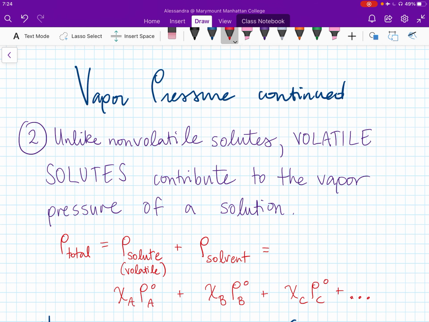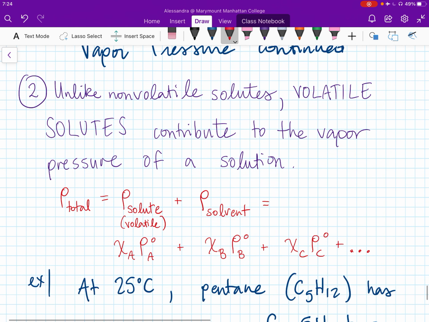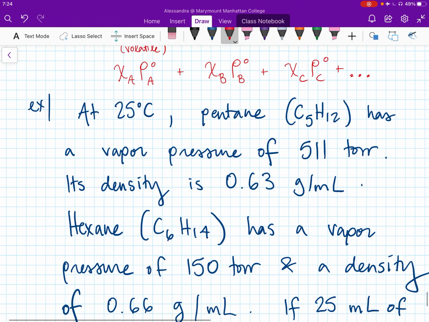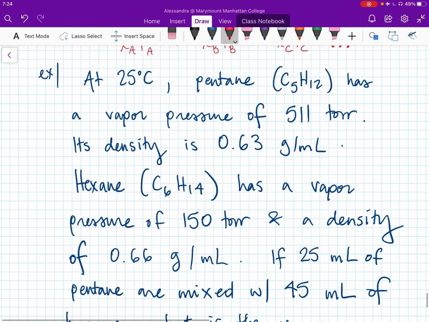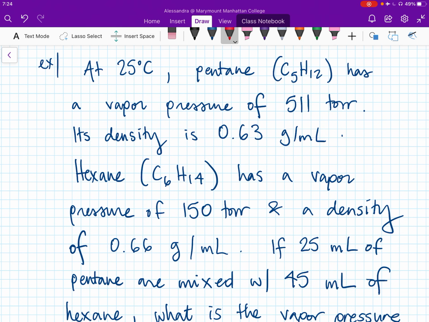Let's try an example where we do a calculation with a volatile solvent situation. In this example, we're mixing two hydrocarbons, pentane and hexane. Hydrocarbons are always going to be volatile, so when we mix two hydrocarbons together, we can treat it as a volatile solute situation.